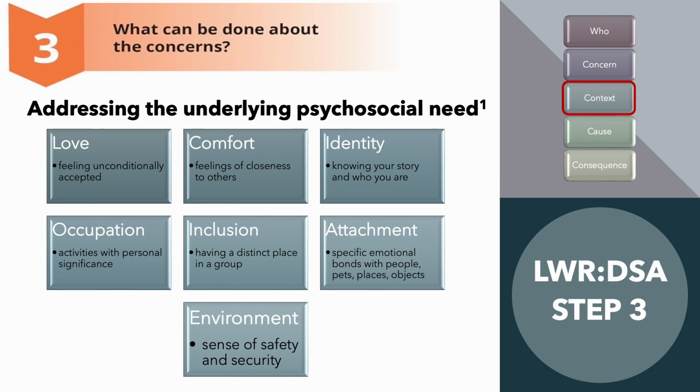For instance, does the concern happen with an activity that provides love, comfort, identity, occupation, inclusion, attachment, or a safe and secure environment? If so, what alternative activity with less risk for negative outcomes could be offered instead in order to still fulfill the identified psychosocial need?